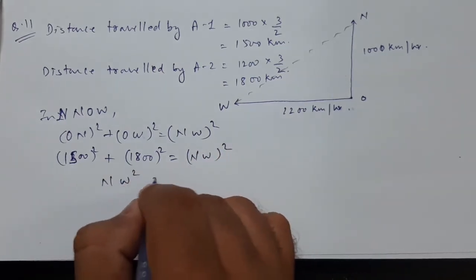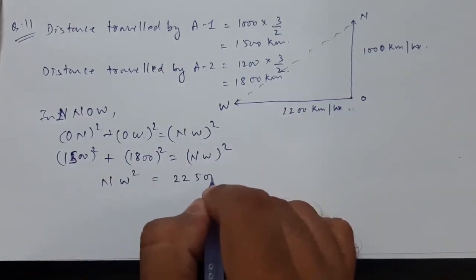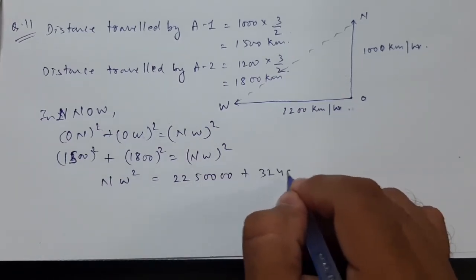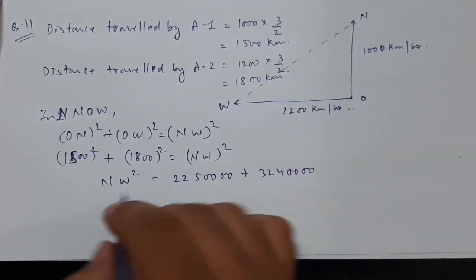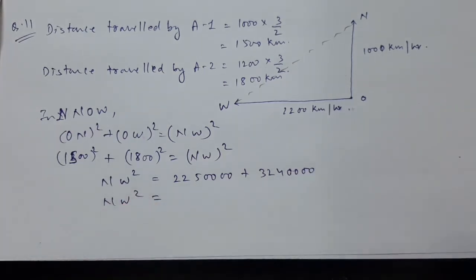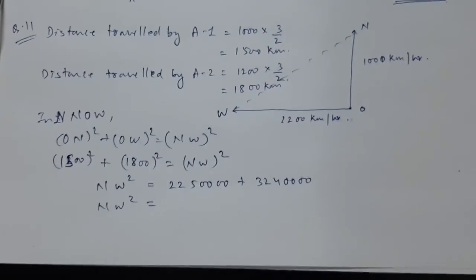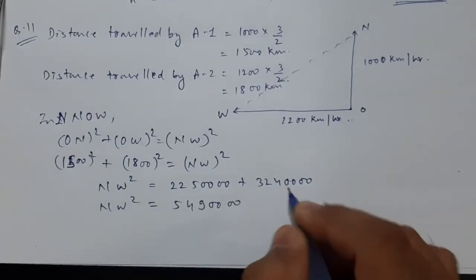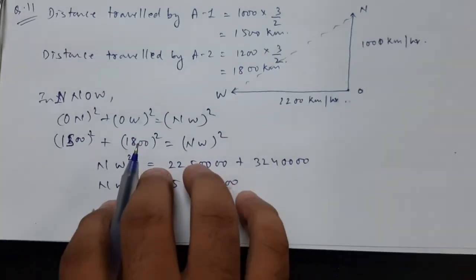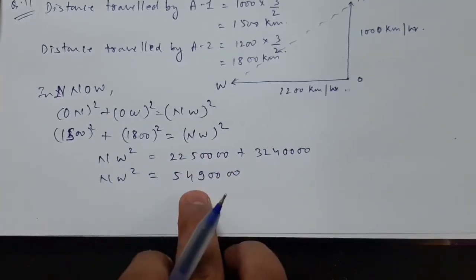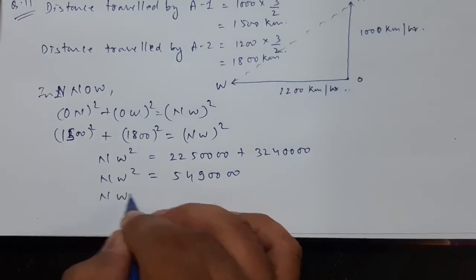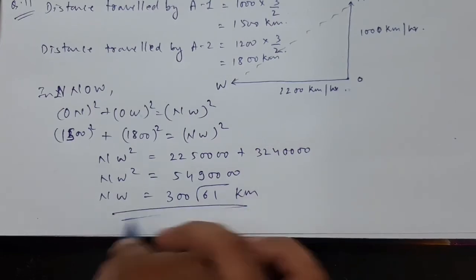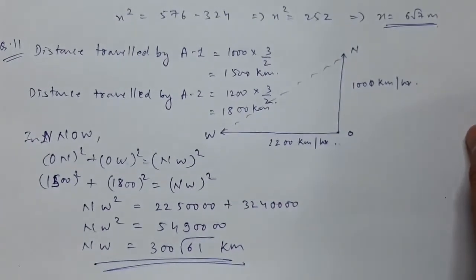So NW square is equal to 2250000 plus 3240000. So NW square is equal to 5490000. Now if you go on dividing this, your final answer will be 300 root 61 kilometers. So this is how question number 11 goes.